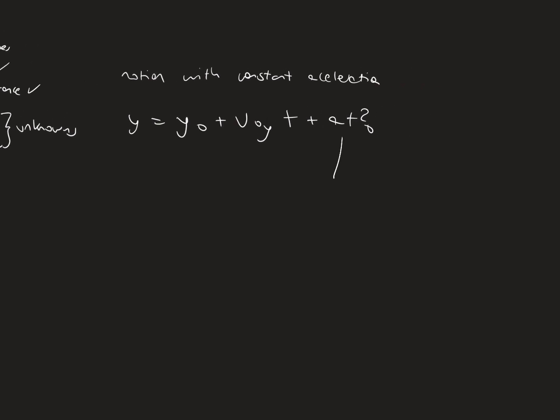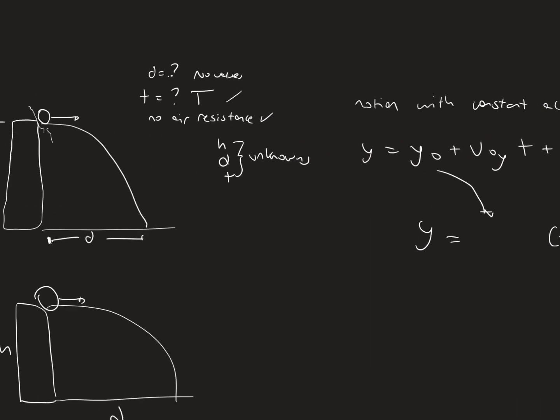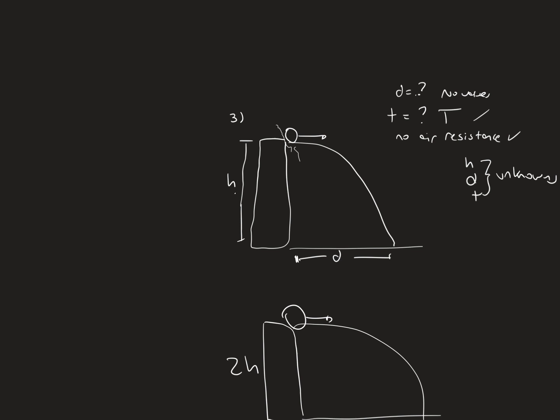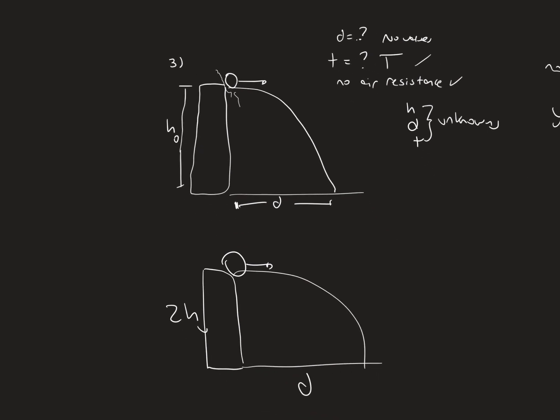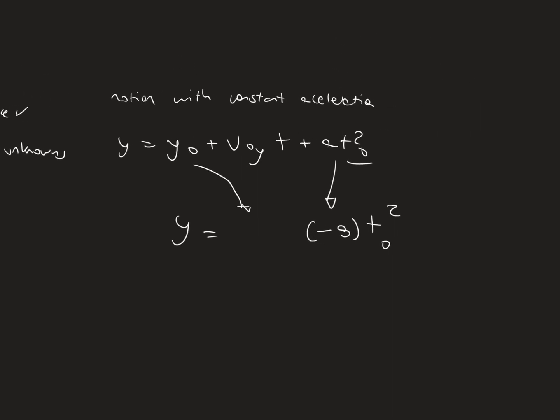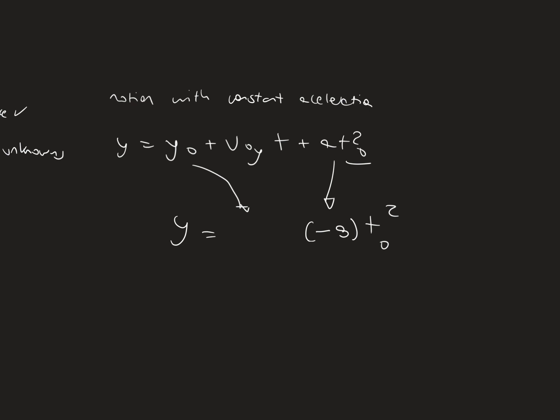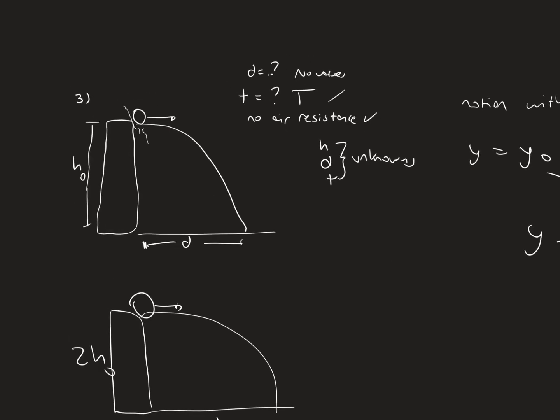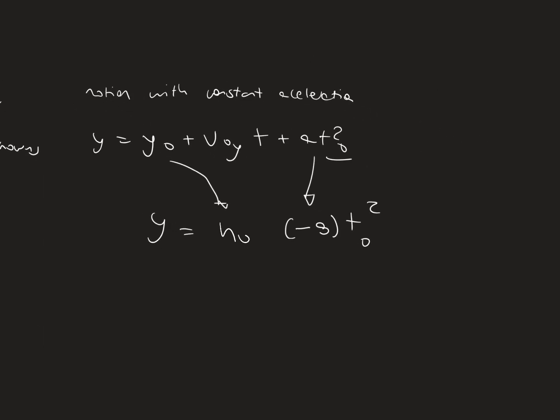But in this case, the a for this problem is going to be negative g, and we just bring down the t squared, 0. In this case, the y0 is the height. So let's put h0. So continuing with the normal building with a normal height, the y0 will be h0.